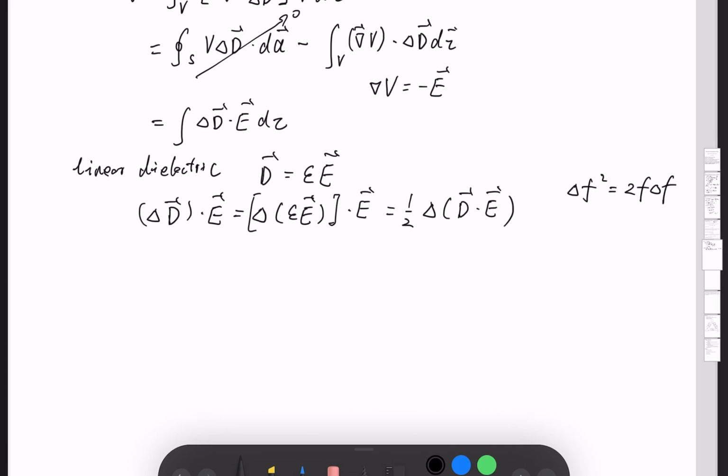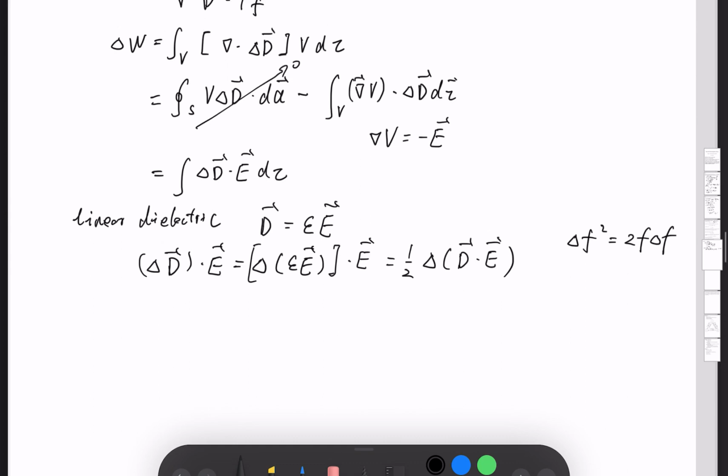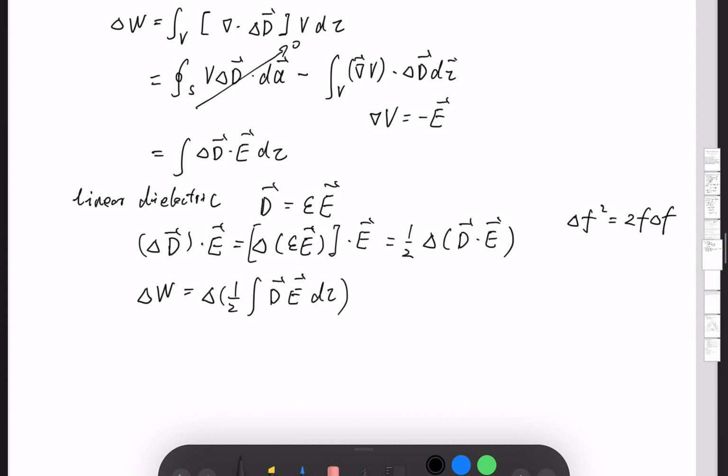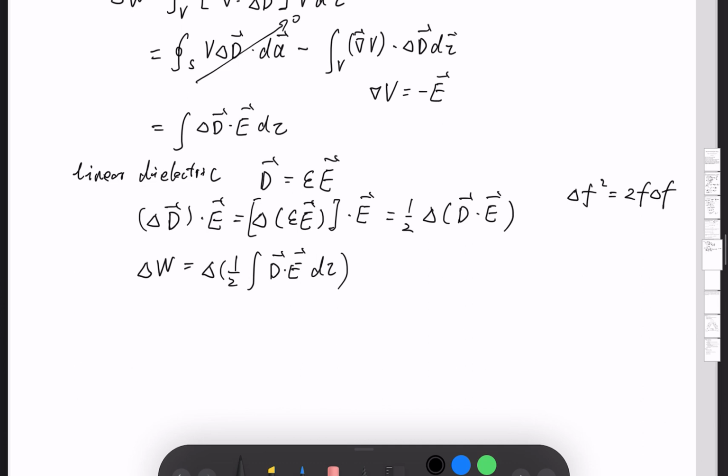And now we simply arrive at the change in W equals the change of the expression on the right, and then realizing that we can drop the del on both sides, we arrive at our final result.